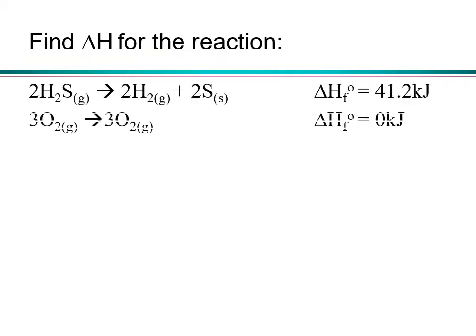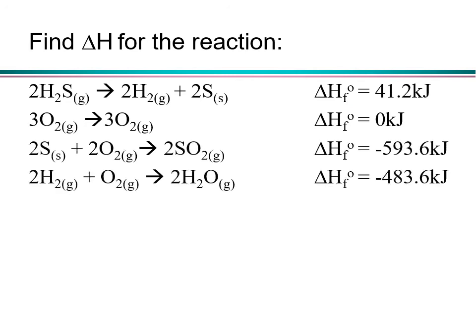So let's do that, apply the changes. There's our 3 times 0, and this is going to be our given equations rearranged to give us our target reaction, because if we look at it, the 2 hydrogen sulfides, the 3 oxygens, are there for fun, and the 2 sulfur dioxides and the 2 waters are on the product side.